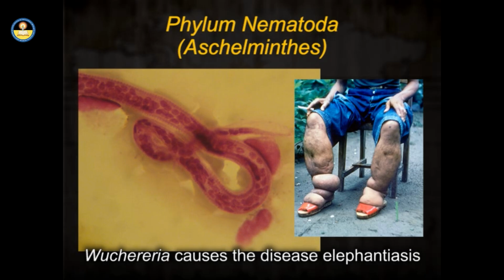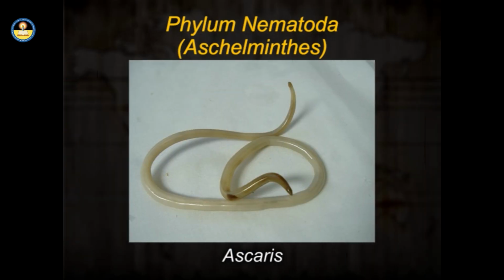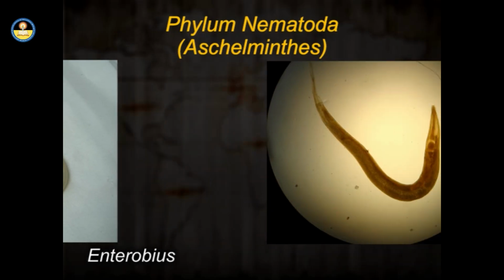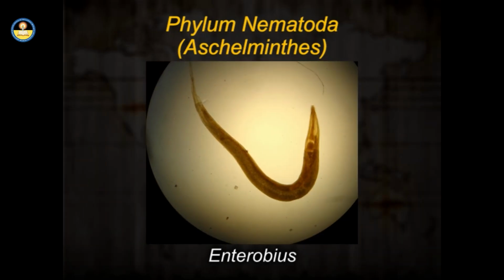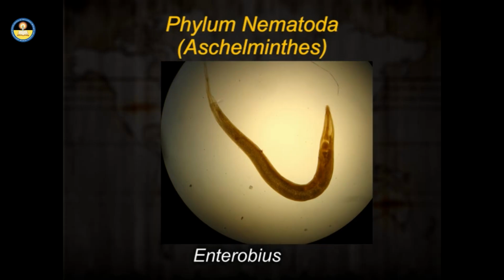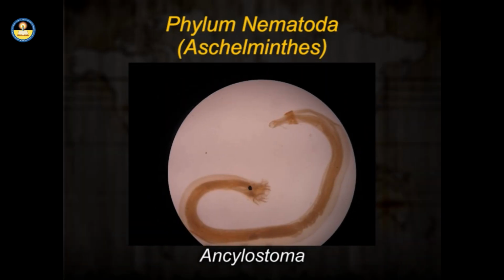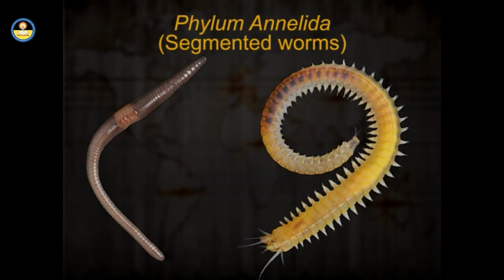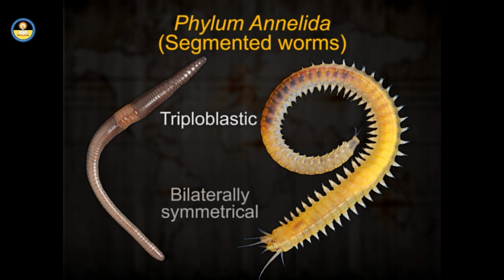Here you see some other nematodes. Ascaris, that is roundworm. Enterobius, that is pinworm. And Ancylostoma, that is hookworm. Phylum Annelida, segmented worms. They are triploblastic and bilaterally symmetrical.